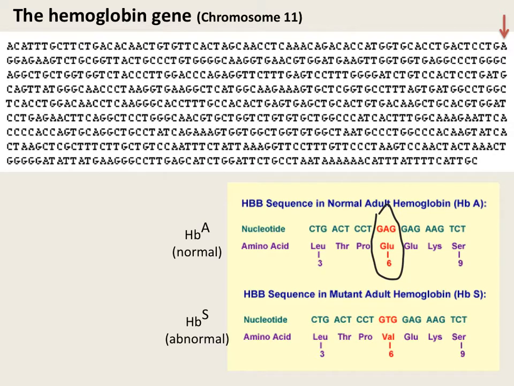Some people have a mutation, and it's called sickle cell mutation. So you've probably heard of sickle cell anemia. It tends to be common in places where there's lots of malaria.